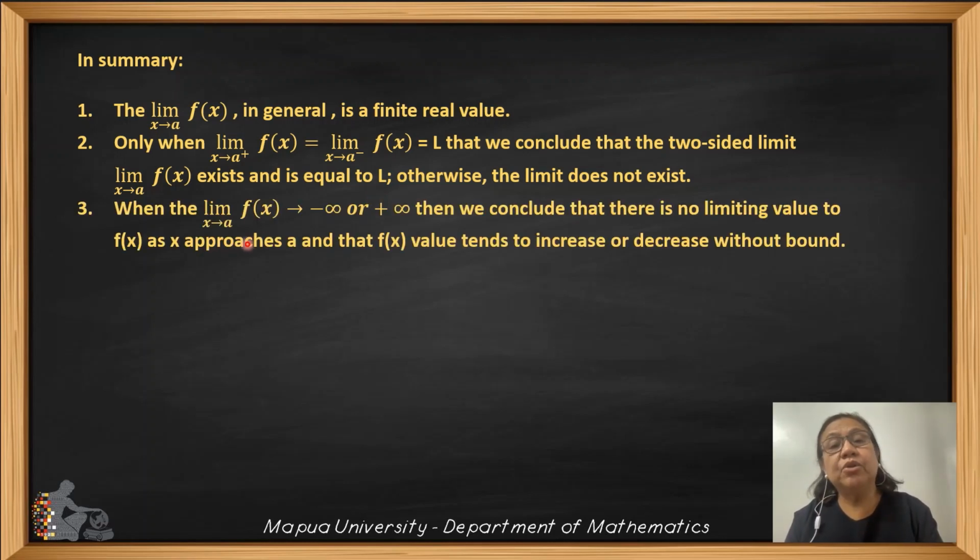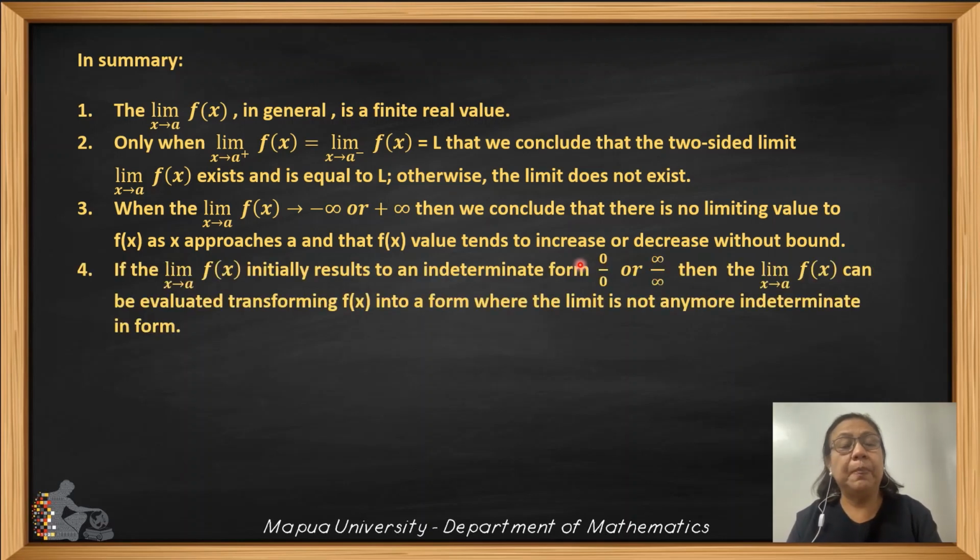When the limit of f of x as x approaches a is one that would be approaching negative infinity or positive infinity, then we conclude that there is no limiting value to f of x as x approaches a, and that the f of x value tends to increase or decrease without bound.